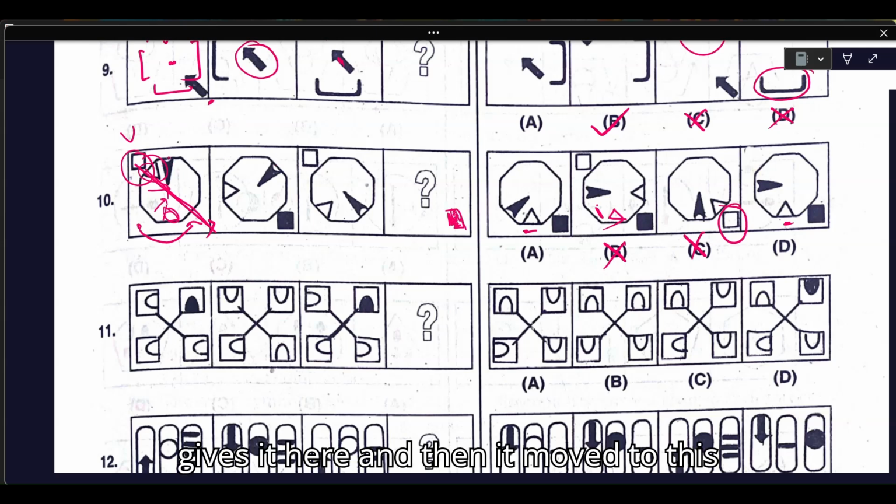The arrow was here, and then it moved to this, and then it skipped this part and came to here, right? So it will be skipping this, and it should be here. So where is that? It is there in option A. So we will be selecting A as our correct answer.